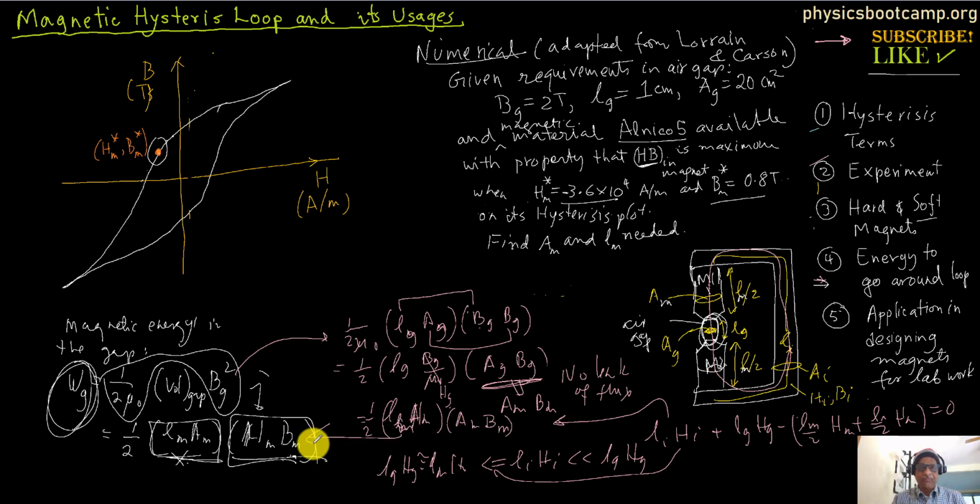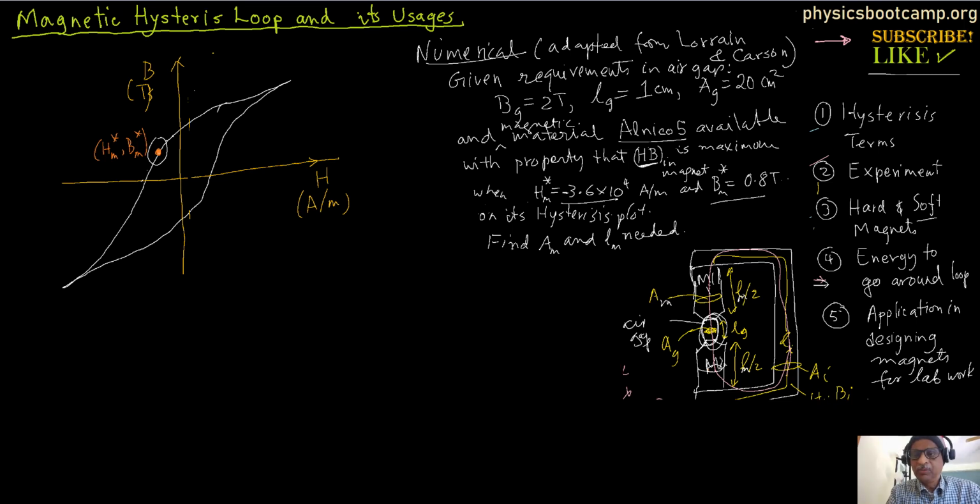Okay, let me erase this because it's kind of a tangential thing, and do this problem. To do this problem, we do need this loop. So the line integral of H dot dl equals the enclosed current plus d/dt of phi D. This is 0, both are 0, so this is equal to 0 here.